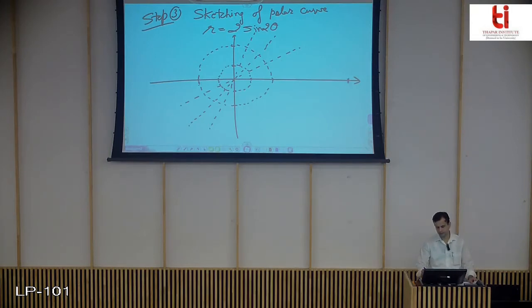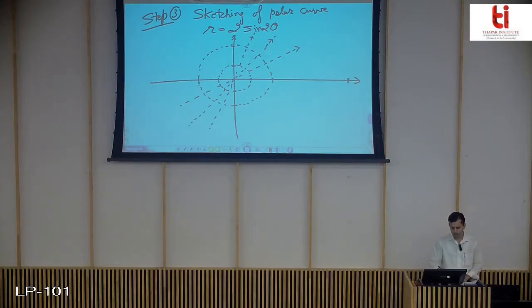This is 0, this is 30, 45, 60, 90, like this. So these are the arrays, and since we need only these for this question, let us start plotting the points.